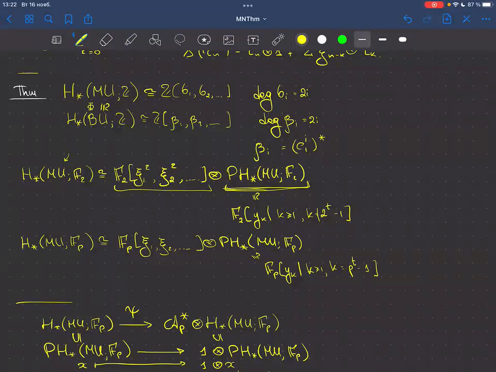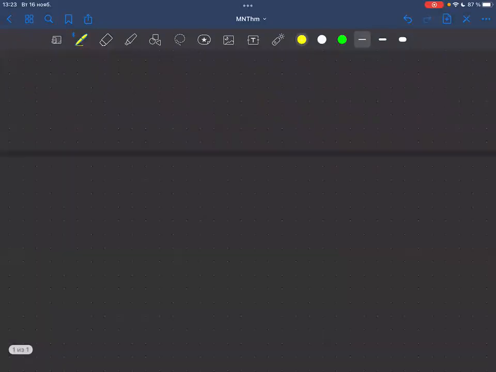So we need to modify our Adams spectral sequence to substitute comodules and similar stuff.